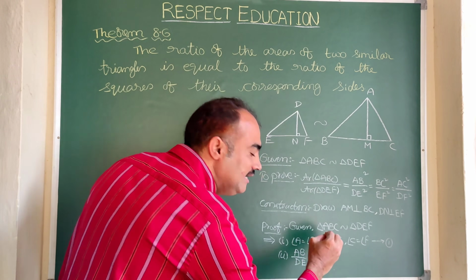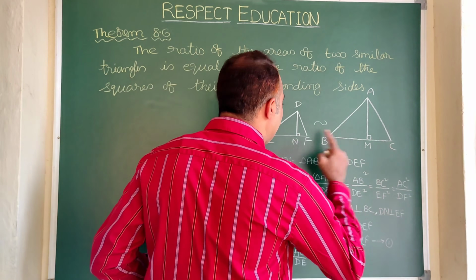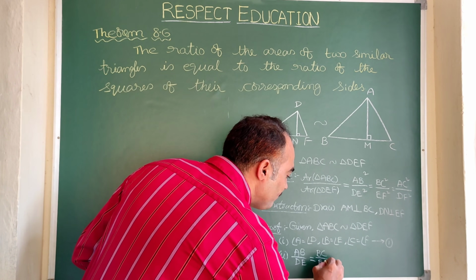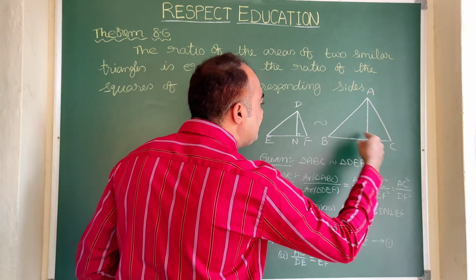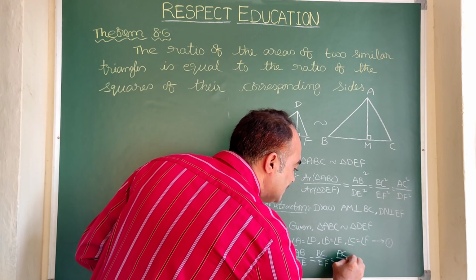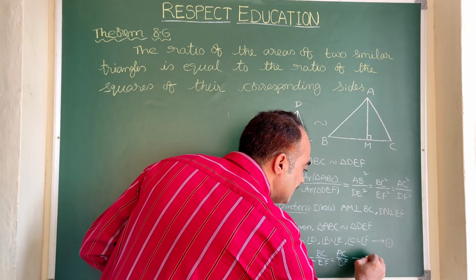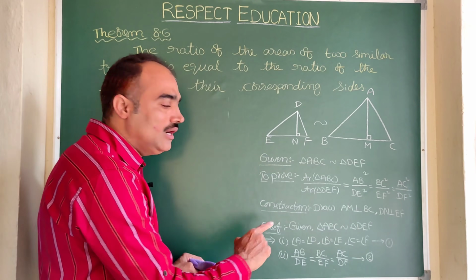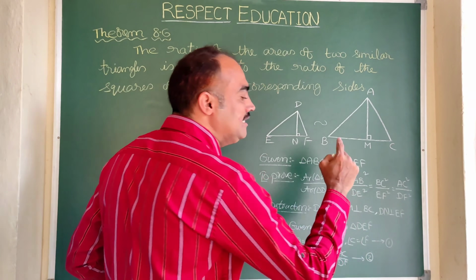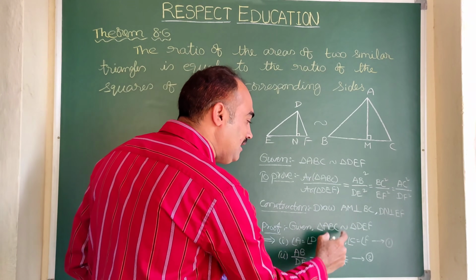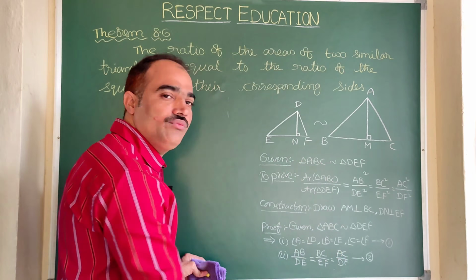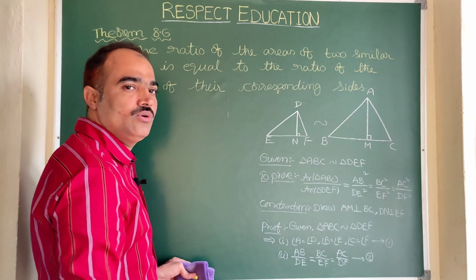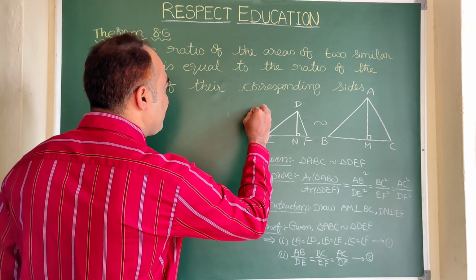AB by DE is equal to BC by EF, and BC by EF is also equal to AC by DF. Let us consider this as equation number 2. These two are the conditions for these two triangles to be similar. As they are similar, these two conditions will follow. So whichever of equation 1 or equation 2 is required, we are going to use in our proof.